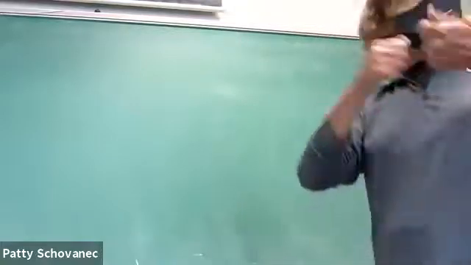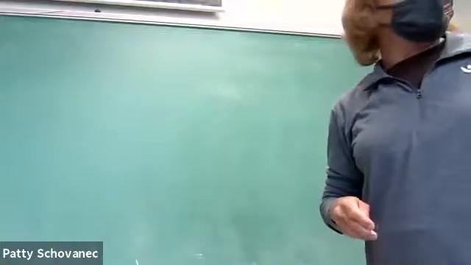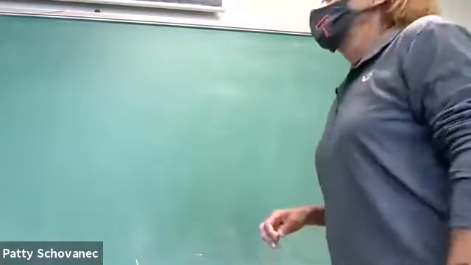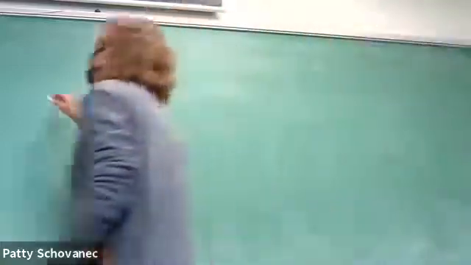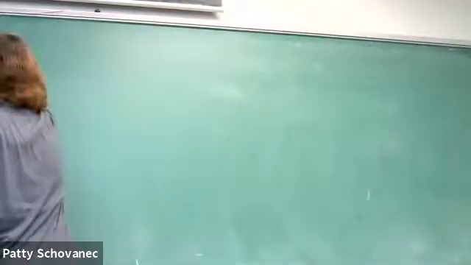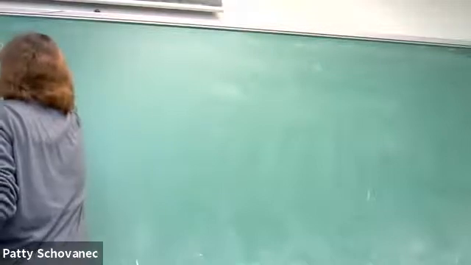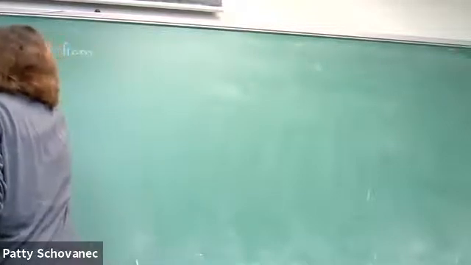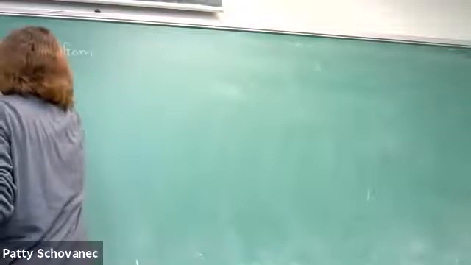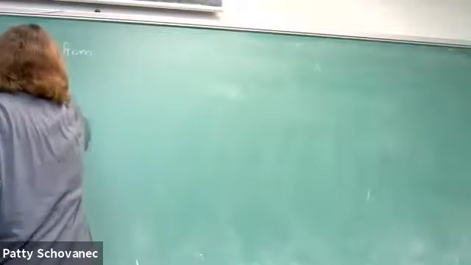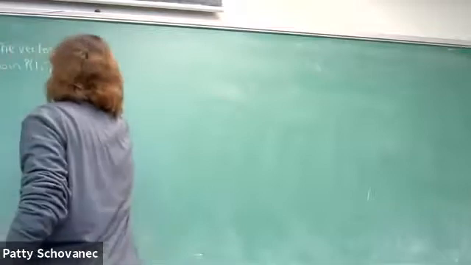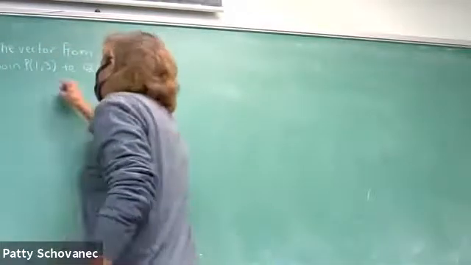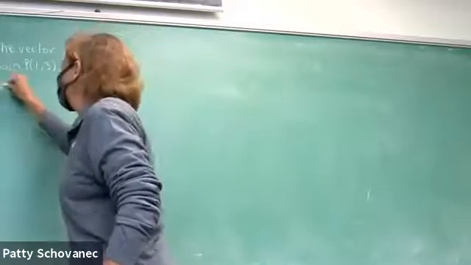In your book, they'll just typeset it in a bold font. For example, the vector from point, say, 1, 3, let's call that point P, to point Q, I don't know, 5, 1, looks like.